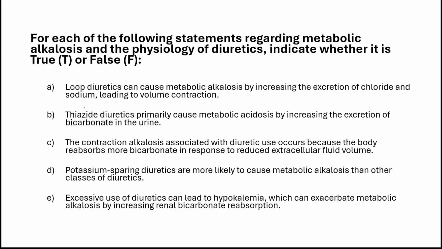So loop diuretics can cause metabolic alkalosis by increasing the excretion of chloride and sodium, leading to volume contraction. Now, as I said, if the protein channels are not active, there's a possibility that it will lead to loss of these ions.